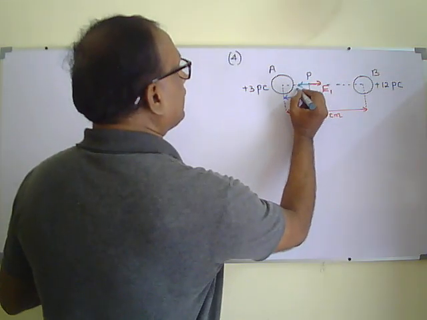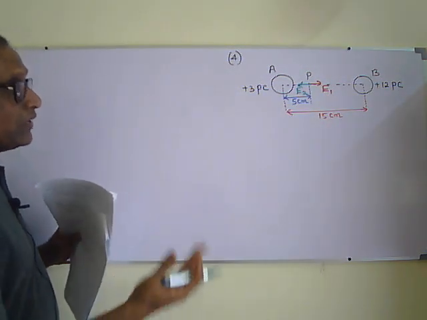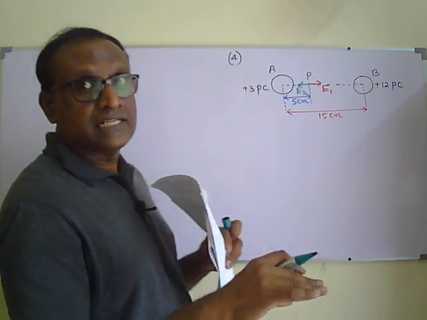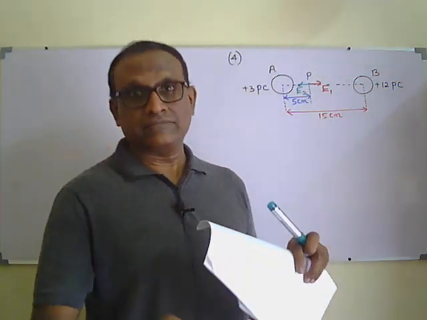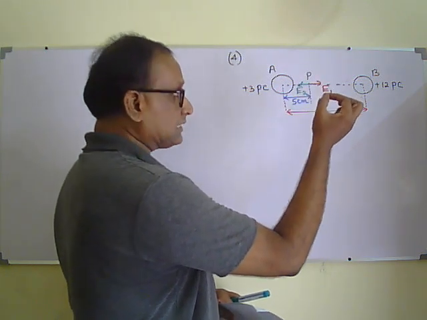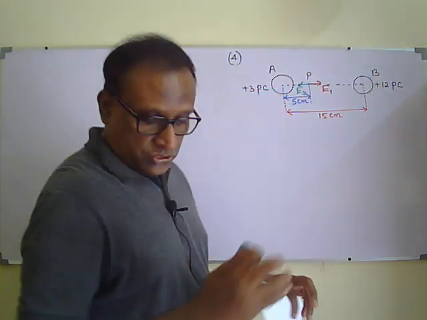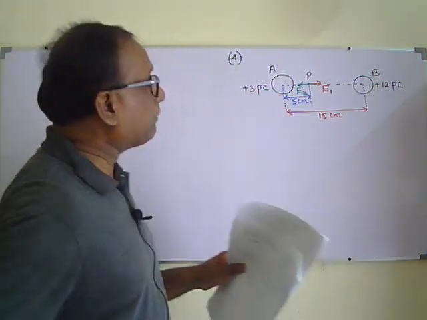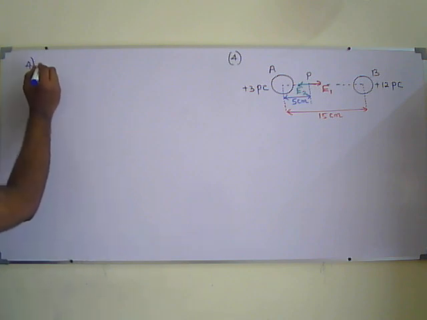So at point P, E1 minus E2 is the resultant field strength, and that is equal to 0. The direction is defined by the positive test charge, so I obtain these directions by using a positive test charge. That is question number 4, B part.